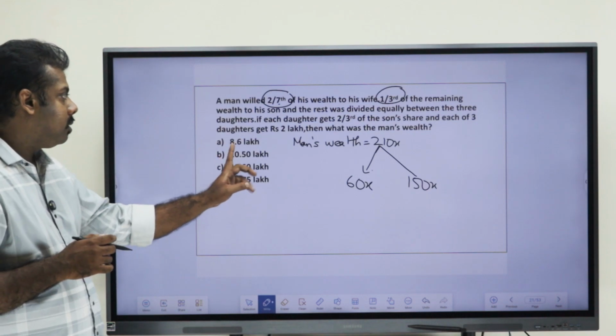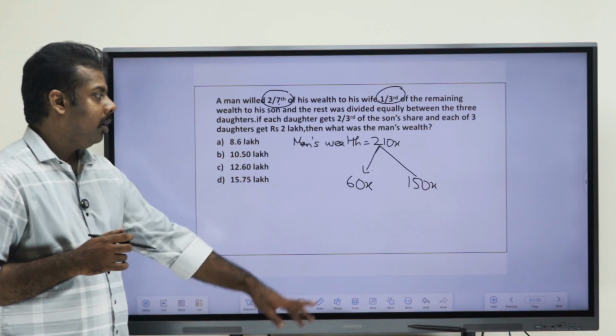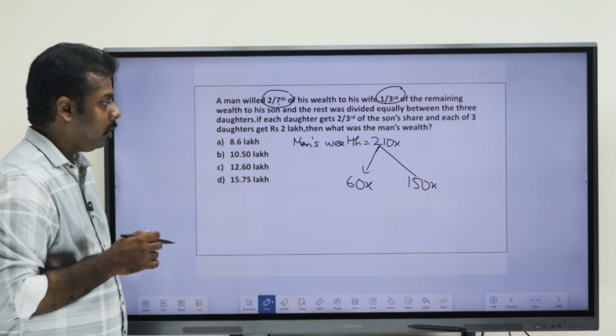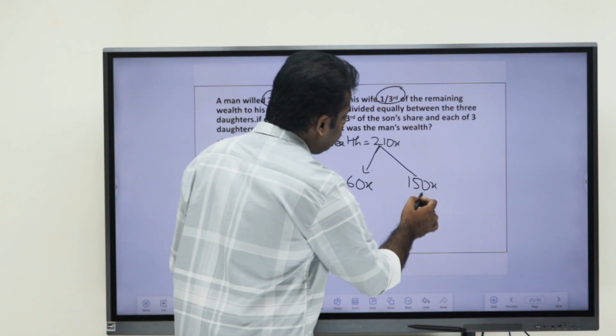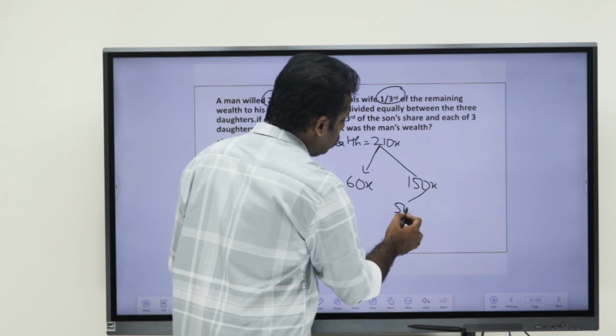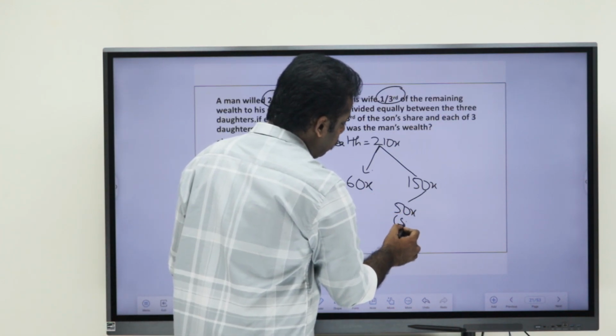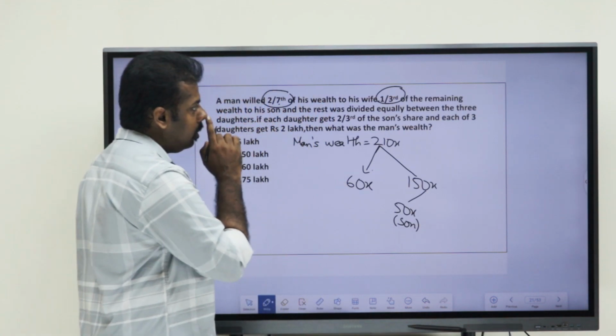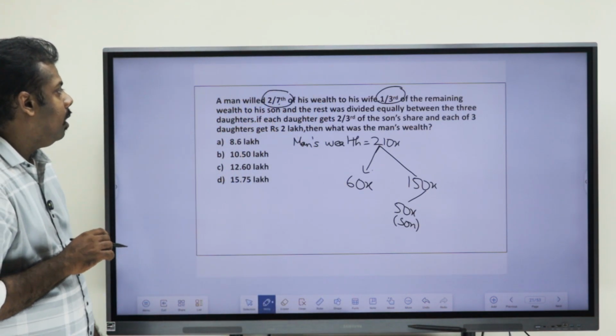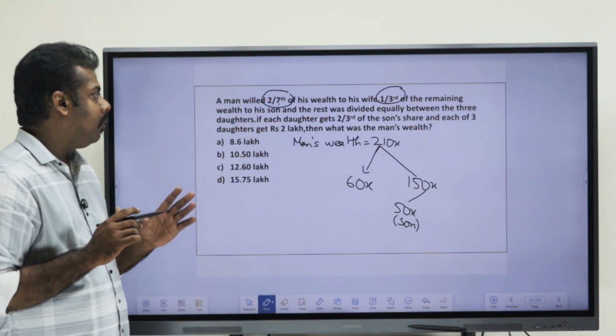Now in 150x, 1/3 of the remaining he has given to his son. 1/3 of 150x is 50x. So out of 150x, he has given 50x to his son. Now what is the next point? The rest was divided equally between the three daughters.